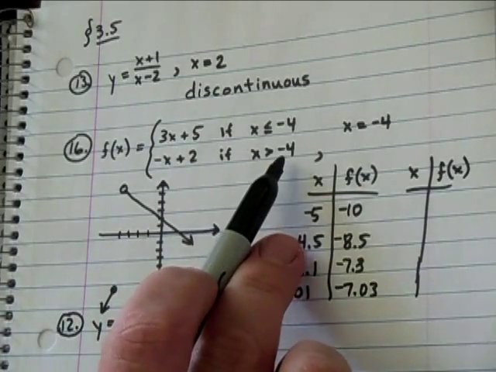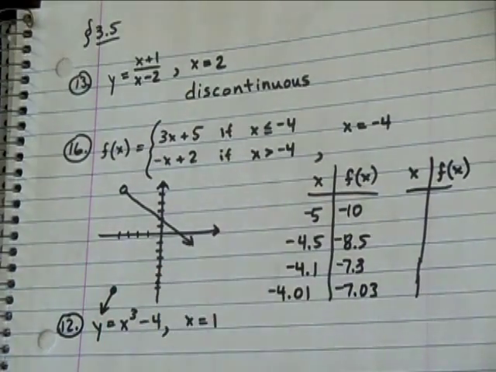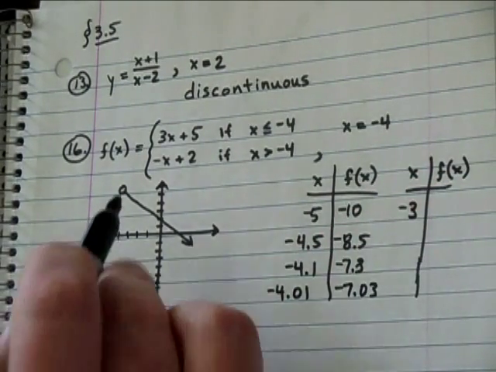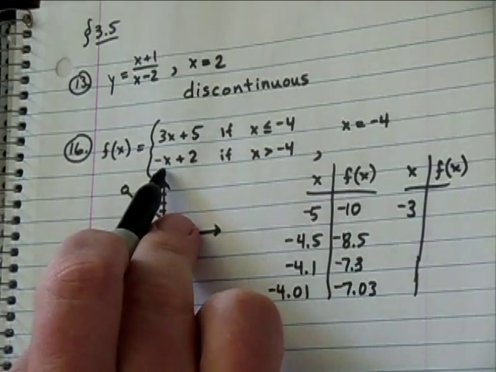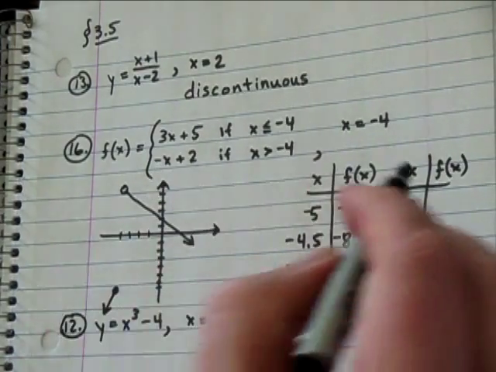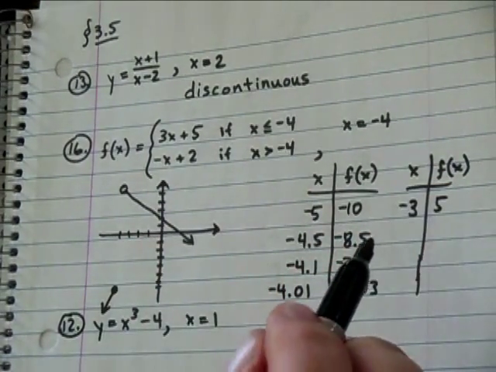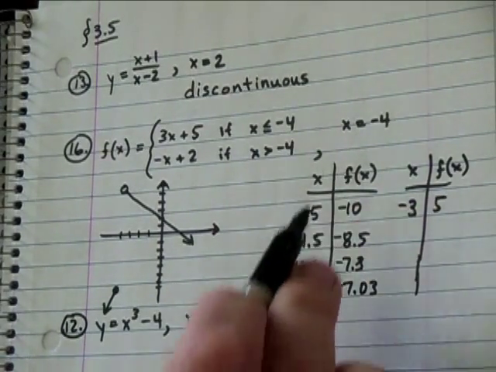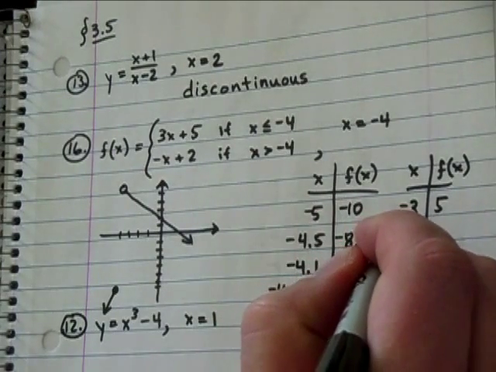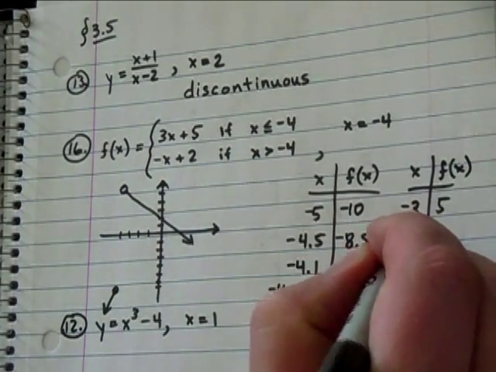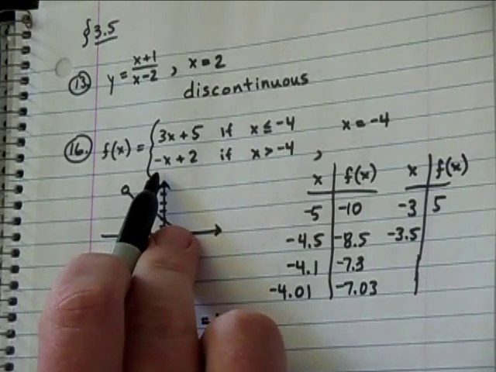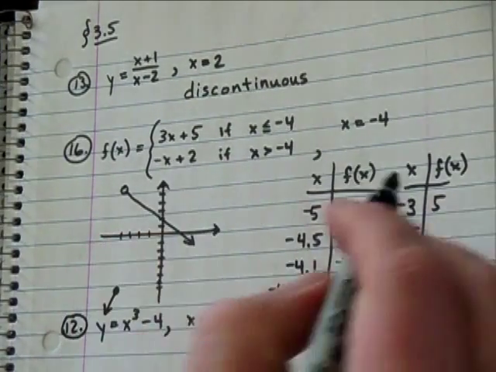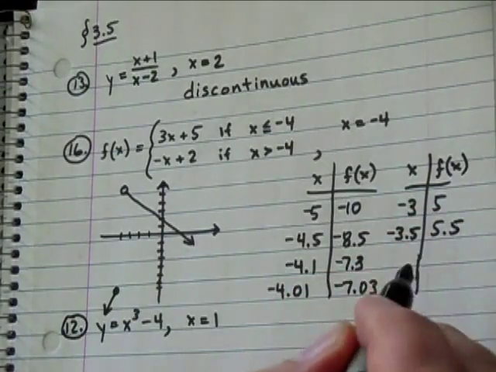All right, but what about on the other side of this function? Well, we need to plug in numbers that are larger than -4. So for example, you could start with something like -3. Well, if you plug in -3, the opposite of -3 is +3, plus 2 is 5. But then you need to get closer and closer to that -4. So maybe try -3.5. Well, the opposite of -3.5 is +3.5, plus 2 is 5.5.